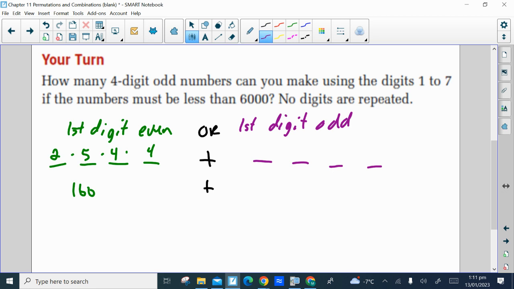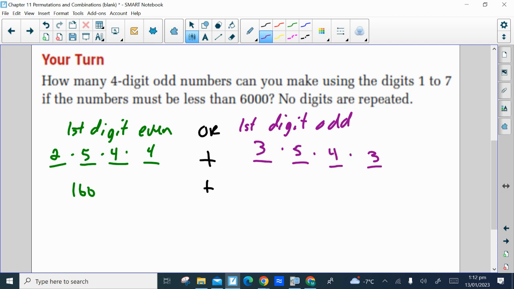Now, what if the first digit is odd? That means it can either be a 1, a 3, or a 5. Again, because the number itself must be less than 6,000, that first digit cannot be a 7. And now, instead of having 4 odd digits to choose from, we only have 3, because we already used one for the first position. There's still 5 for digit 2 and 4 for digit 3.